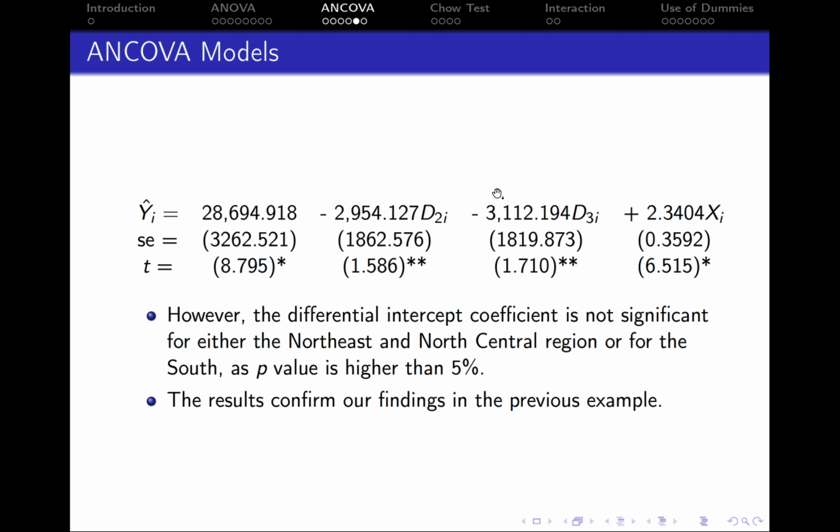Given the statistical insignificance of the coefficients on D2 and D3, we can conclude that even though we have added the x variable, the quantitative variable, the results have not changed, and those results confirm our findings that the mean salaries are statistically the same in the three regions.